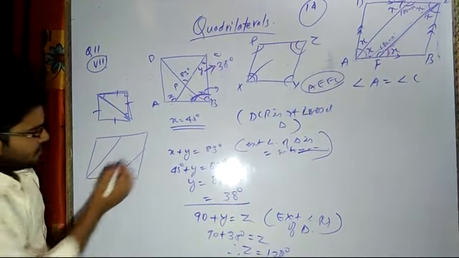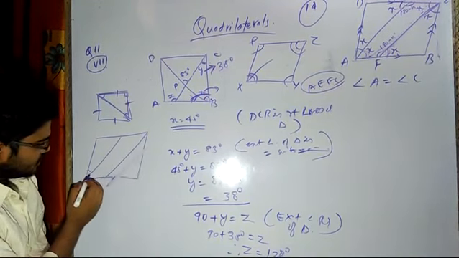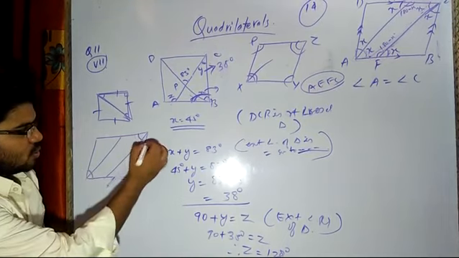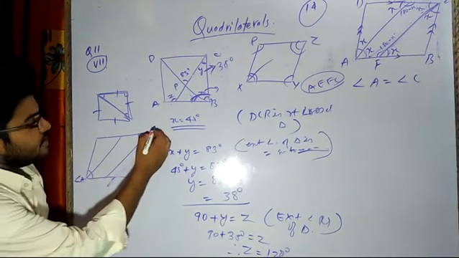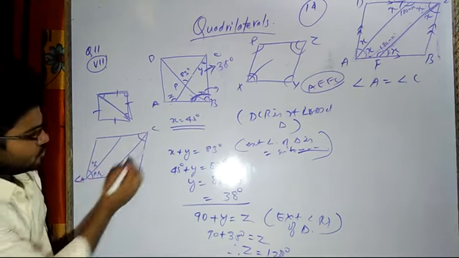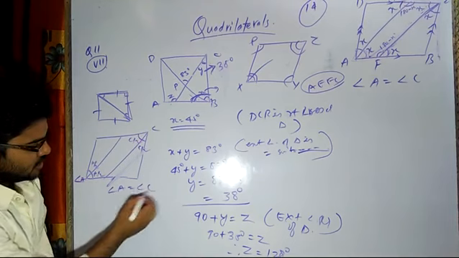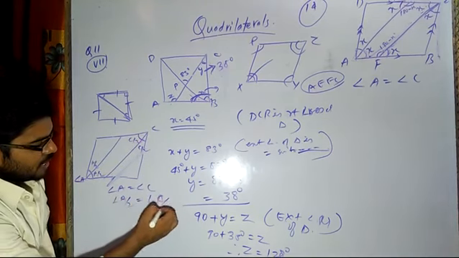Once again I would like to remind you how we have calculated. If I take this whole angle as x or whatever measurement, this will also be half. Suppose here it is A, here it is C, so it will be A by 2, here also A by 2, here C by 2, here C by 2. But we know angle A is equal to angle C, so angle A by 2 will be equal to angle C by 2.